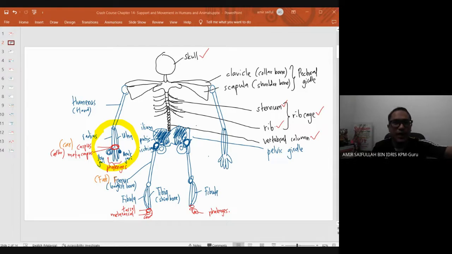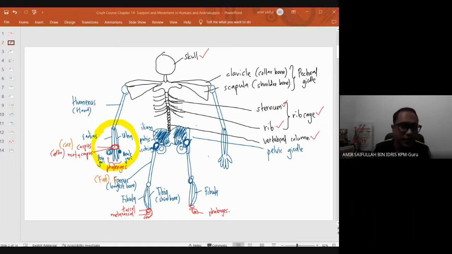Kalau Cina yang bagi nama tulang ni semua mesti dalam bahasa Cina. Kalau Melayu yang bagi nama, nama-nama tulang ni mesti dalam bahasa Melayu. Tapi sebab orang Latin yang jumpa benda ini, so we must follow the names of the Latin lah. That's why it's very weird lah.